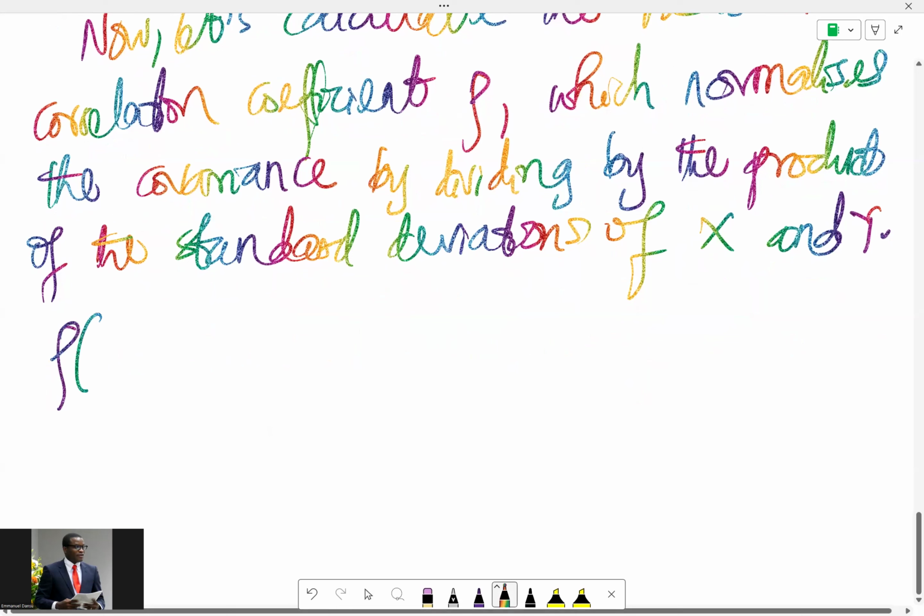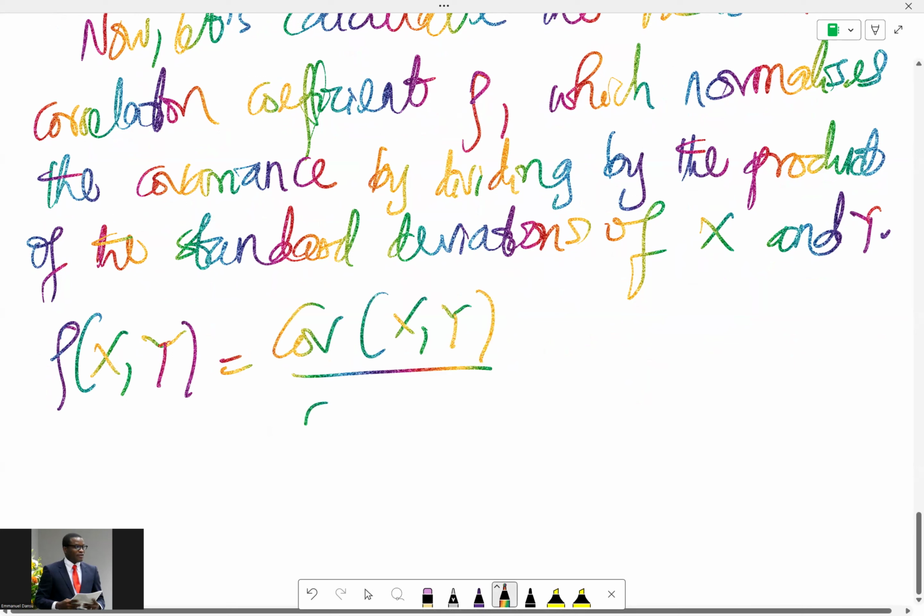So the rho, the Pearson correlation coefficient of x, y, is simply equal to the covariance of xy, which we calculated before to be 41.2, divided by the standard deviation of the random variable x multiplied by the standard deviation of the random variable y.